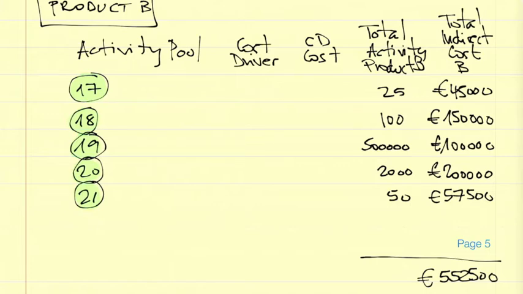So once we have identified the value stream, the activity pools, and the cost drivers, we go and find per unit indirect cost for each product.